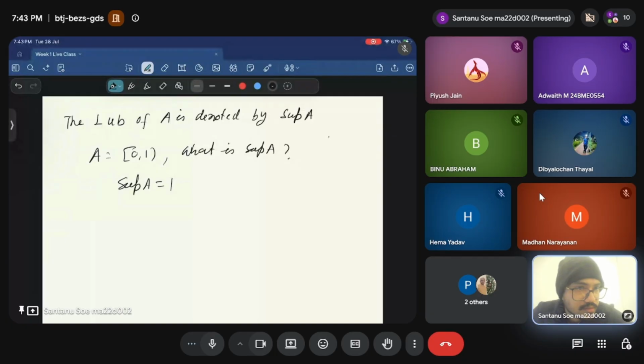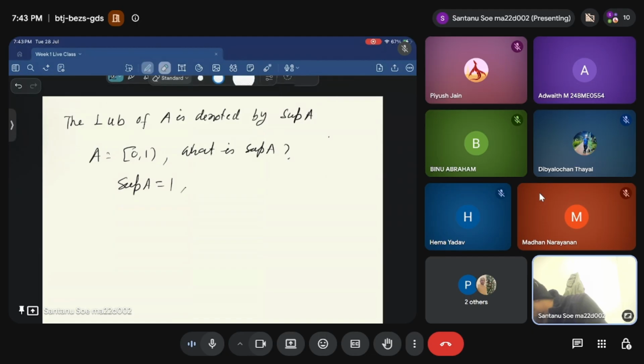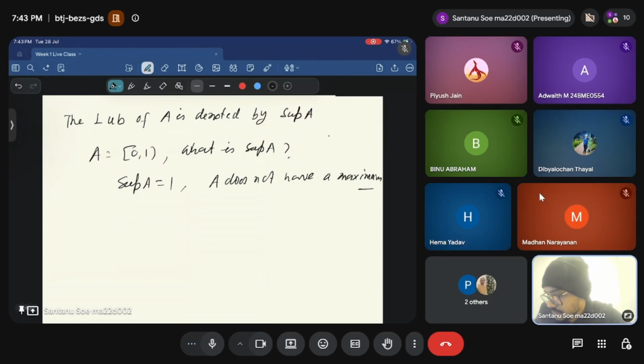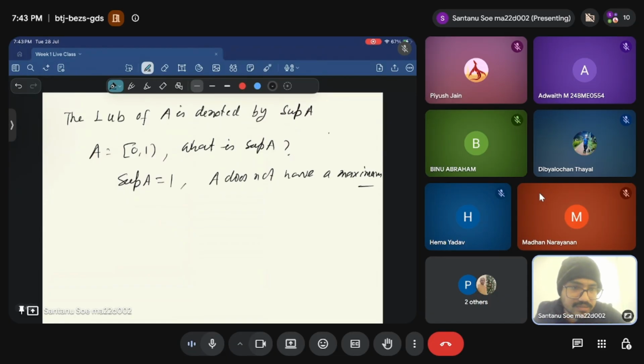Advait? Yes, sir. Okay, so it doesn't have a maximum, right? And clearly the supremum is 1, because if you take any other upper bound, say 1 plus epsilon, that will always be strictly greater than 1. So any bound on the right side is always strictly greater than 1, and that's why 1 is the supremum.